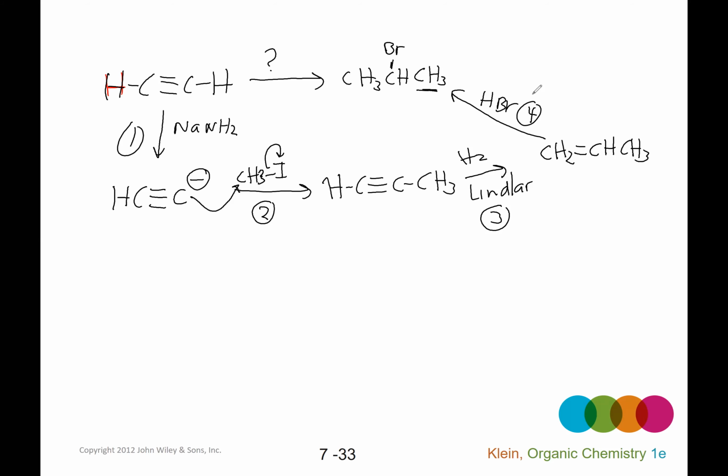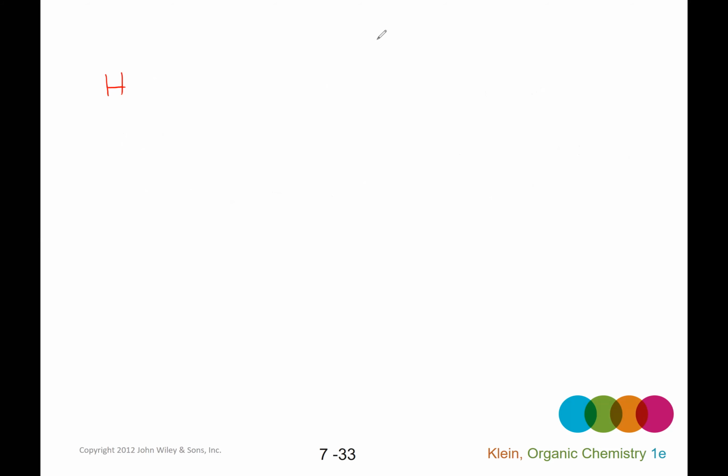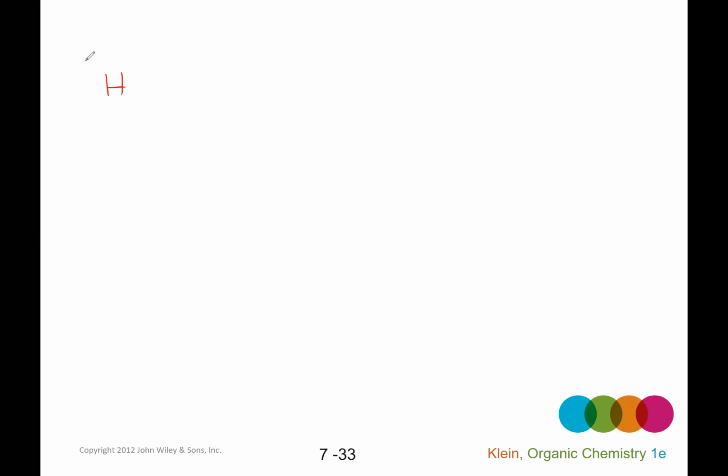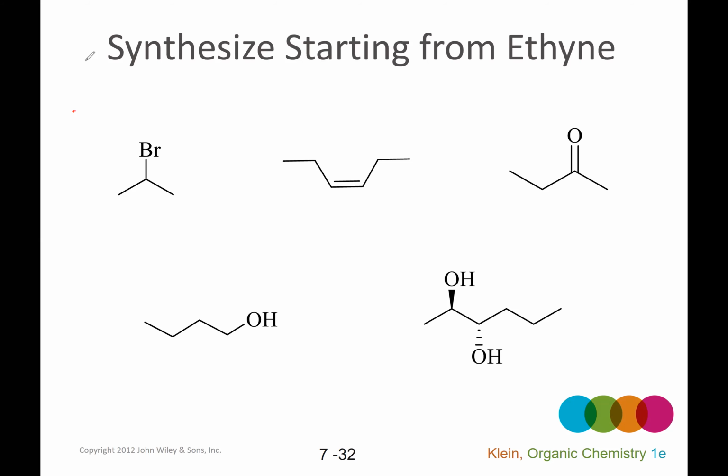So we'll keep moving. If there's no questions, I'm gonna clear this. I wanna work a few more of these problems in the remaining time that we have. So let me go back. Let's do this one down here.